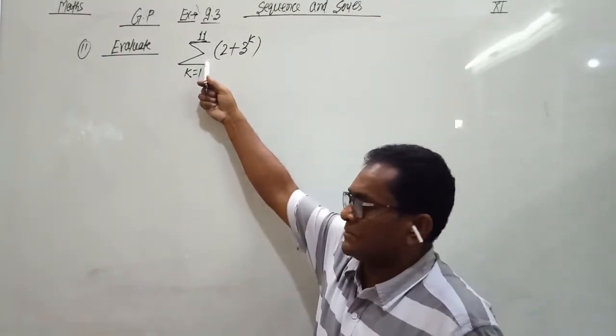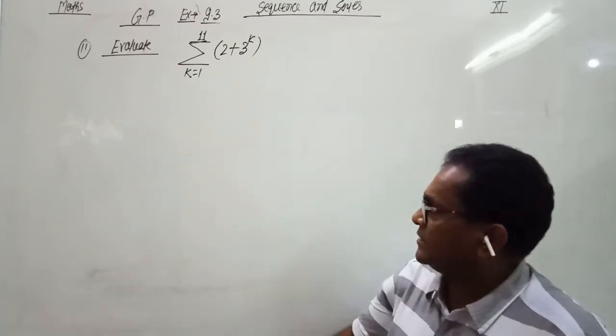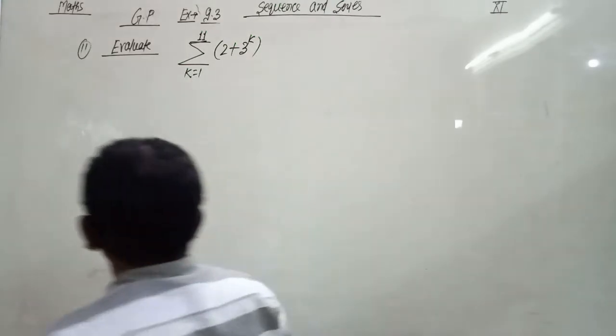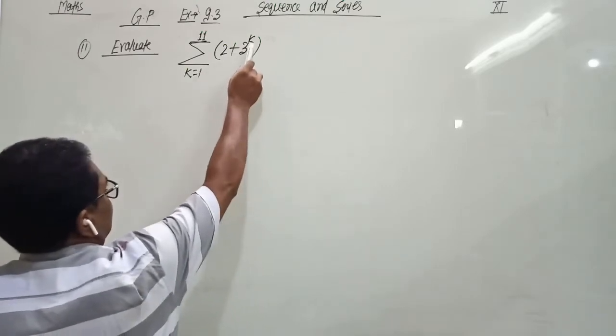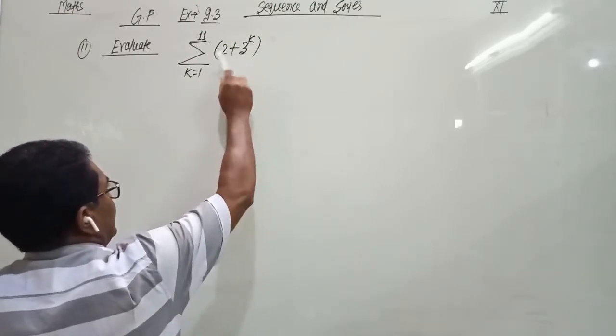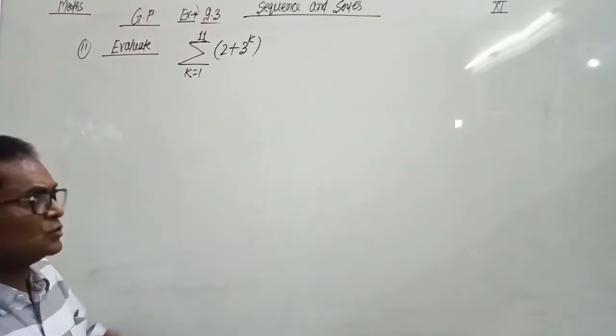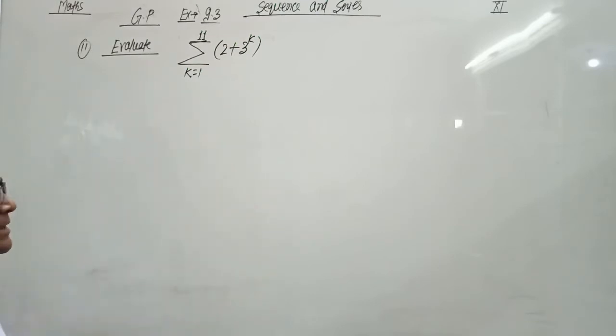This is summation, which means we have to add. So we put the value of k equals 1, k equals 2, up to k equals 11.